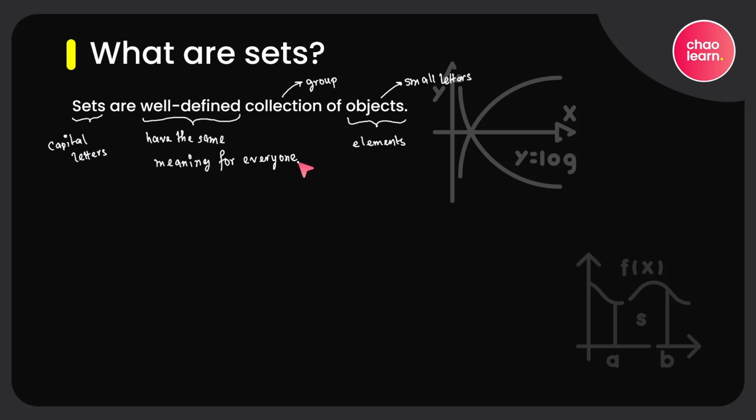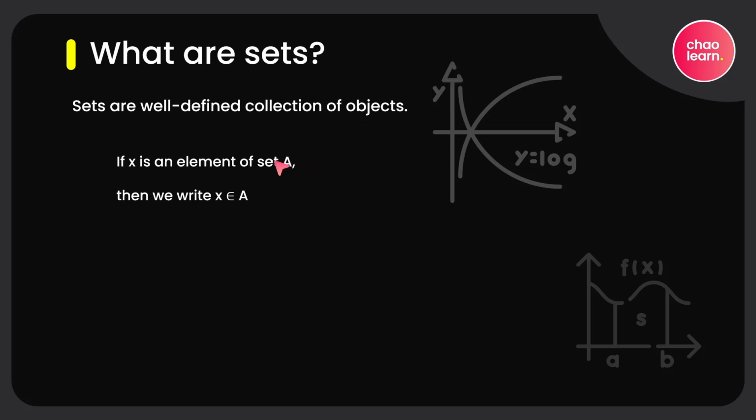Right? So as we have understood that sets are well-defined collection of objects, let us also see how we can represent that a particular object is a part of a set. So here, if X is an element of set A, if X belongs to A, we write it as X belongs to A. So here, this is the symbol we use to denote belongs to.